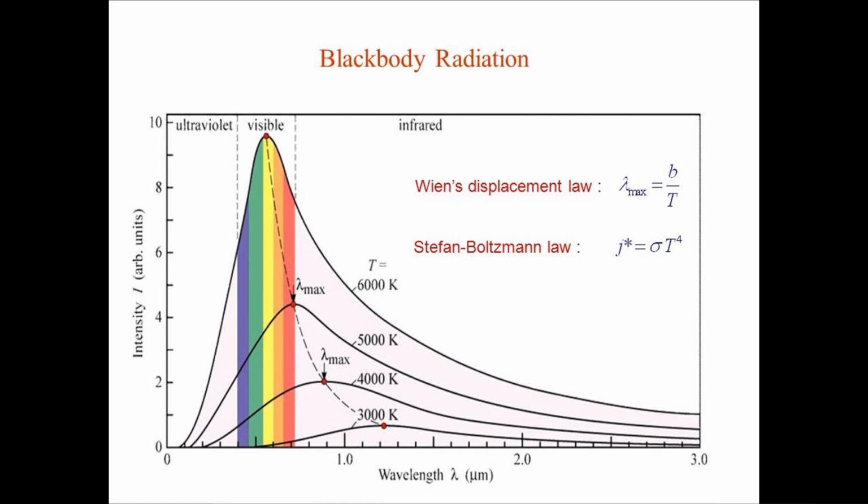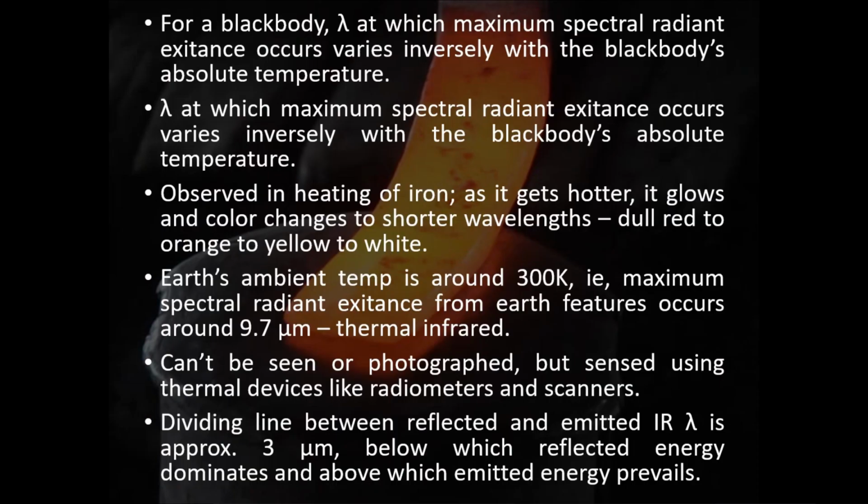It's 100% practical for black body radiation, but it is not exactly the condition for the various features that we actually observe. So what you will perceive or sense in those cases will be the emitted or reflected infrared radiation rather than the black body radiation. What you will observe will be the emitted or reflected wavelengths, right?